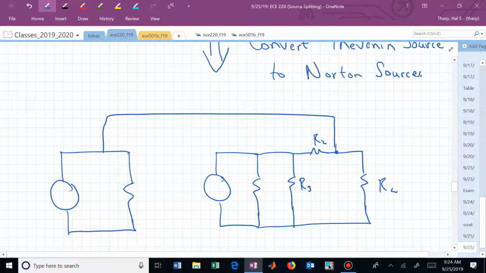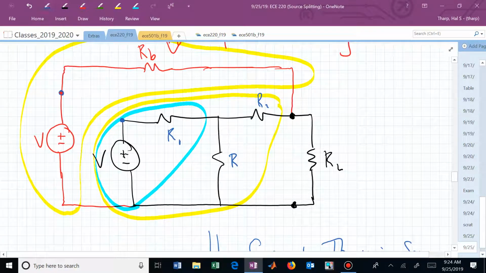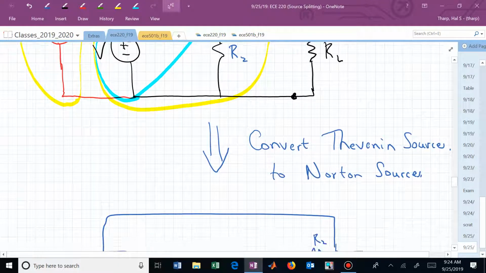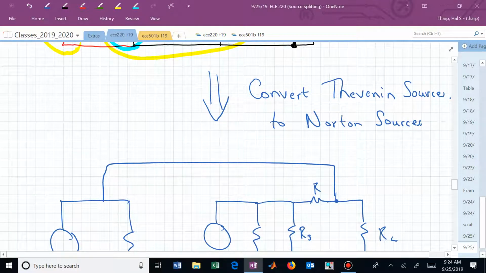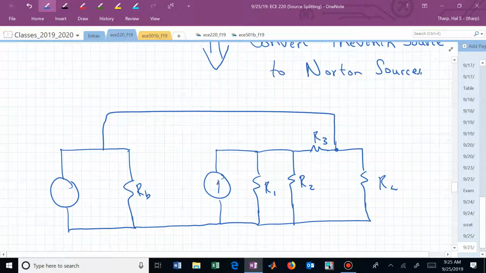I keep relabeling these. Which ones am I doing? R2 and R3. How do I label these current sources?